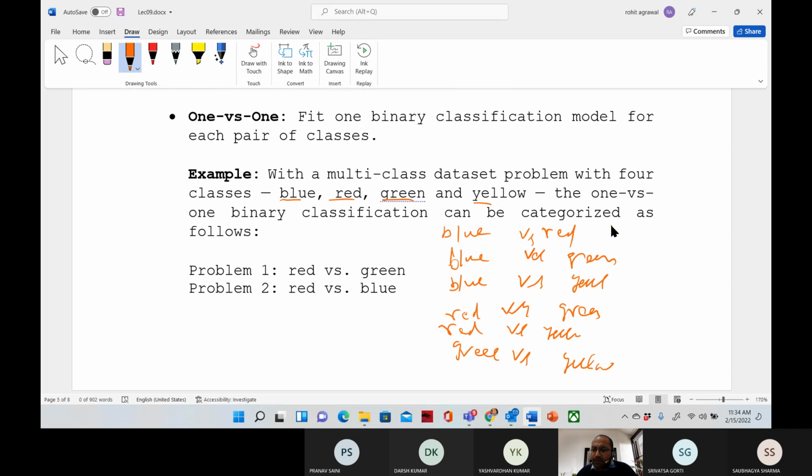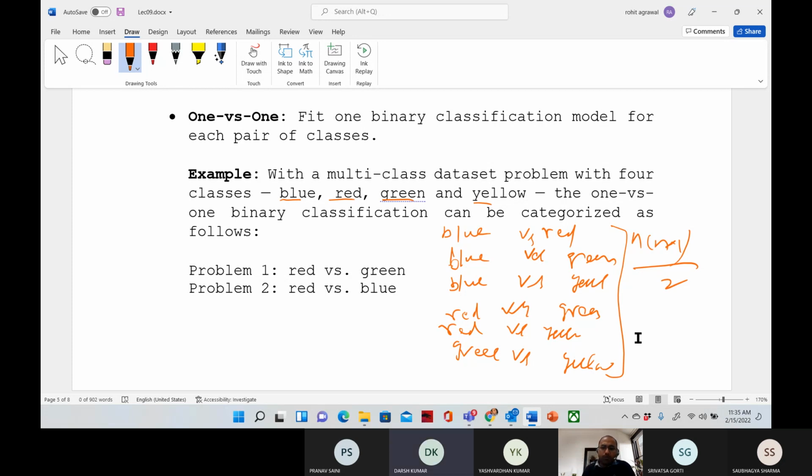How many binary classifications do we need to do? n minus 1 upon 2, am I right? If we have n classes, how many binary classifications do we need to do in one versus one? Please answer.